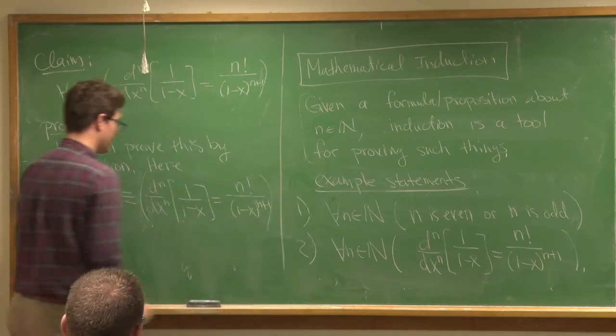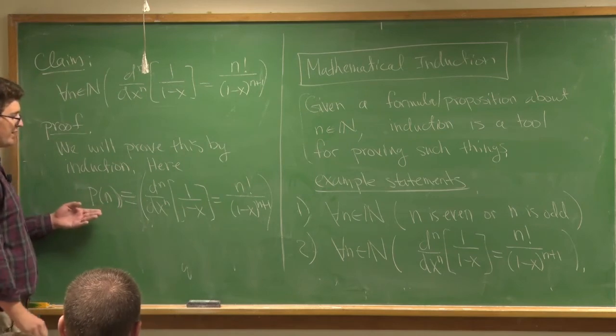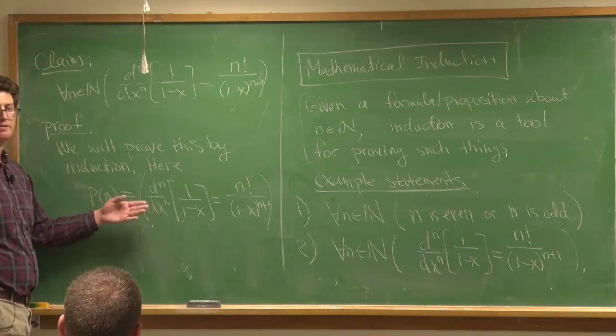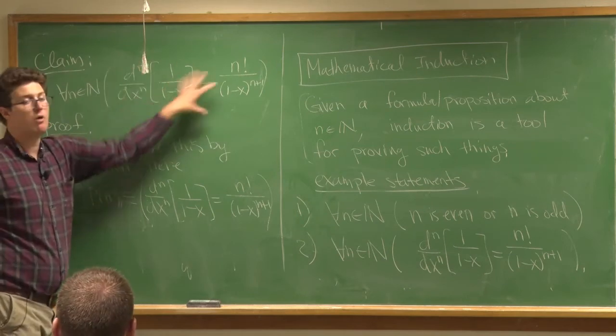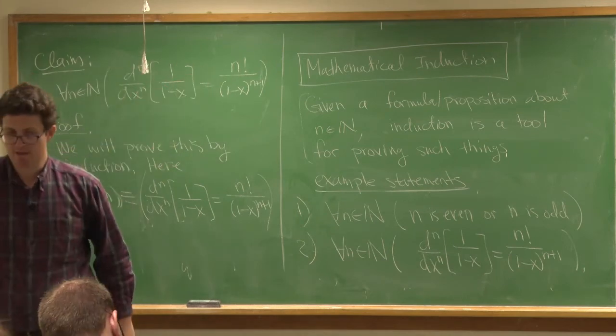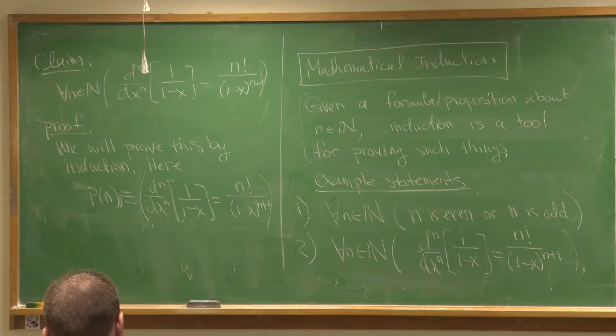So P of n is a true or false statement. It's not this expression, it's this equality. It's a formula, and it has a free variable involving n. OK? So we prove this by induction.